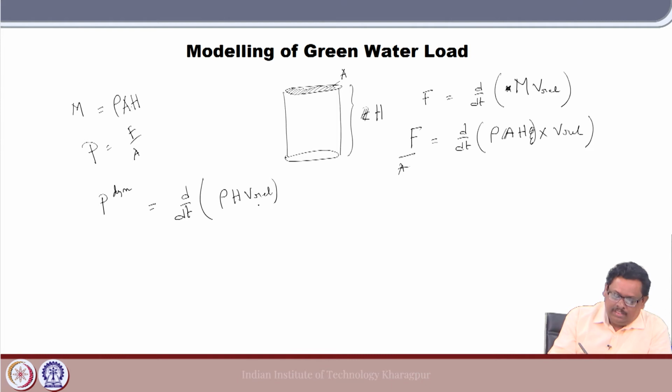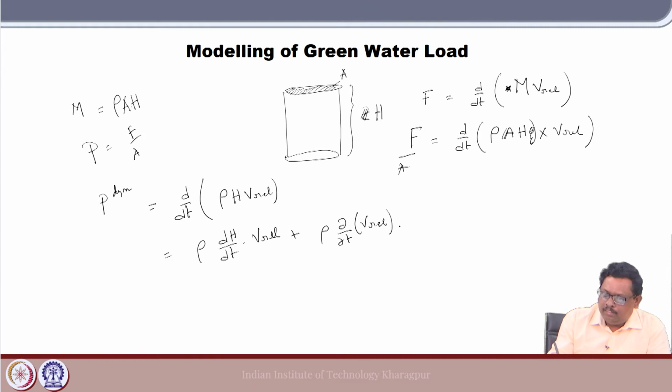Now, here we can say that rho comes out of this derivative. So it becomes dH by dt multiplied by V relative, plus rho into del t of V relative multiplied by H. That I can think of as my dynamic pressure.